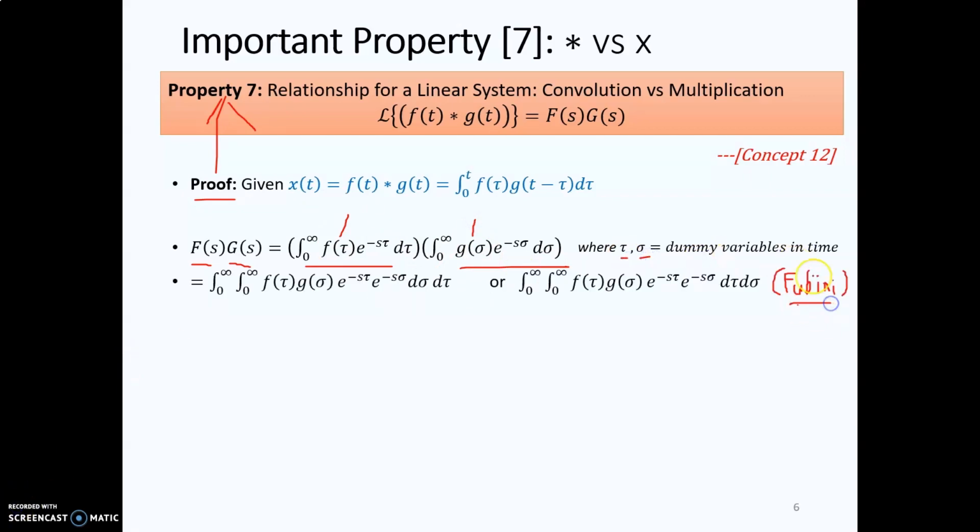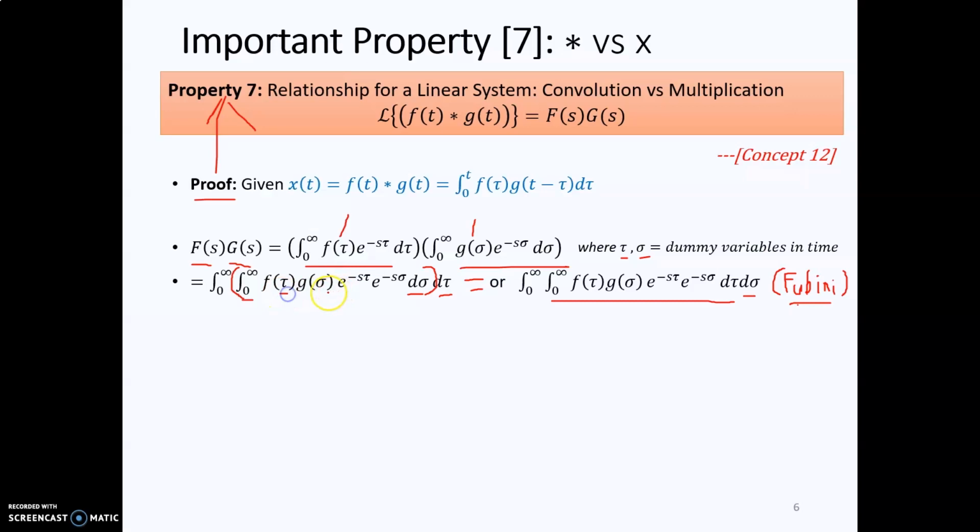By using the Fubini theorem that you have learned in Engineering Mathematics 1, if you have a double integral with respect to d sigma, you need to perform the integration inside first, and then only integrate with respect to d tau. If you perform d tau first, and then only with respect to d sigma, you should get the same answer. Both give you the same answer.